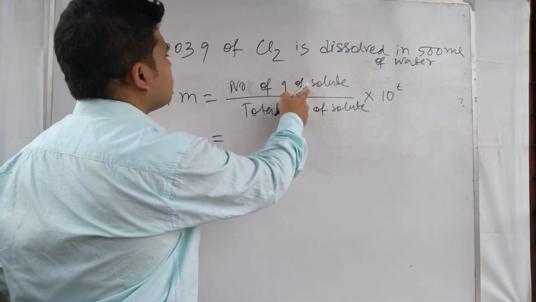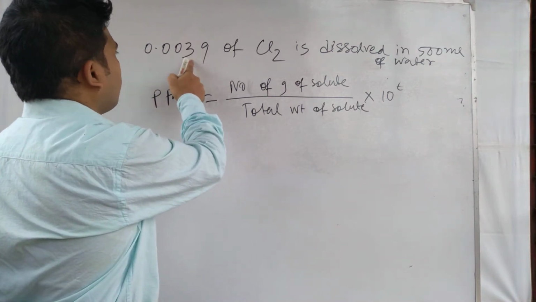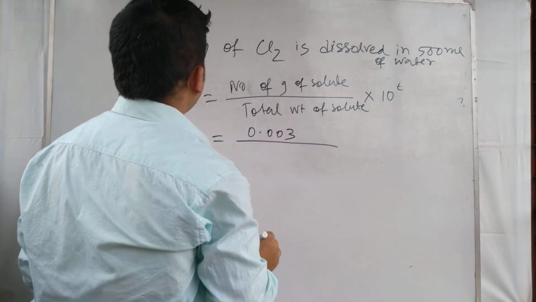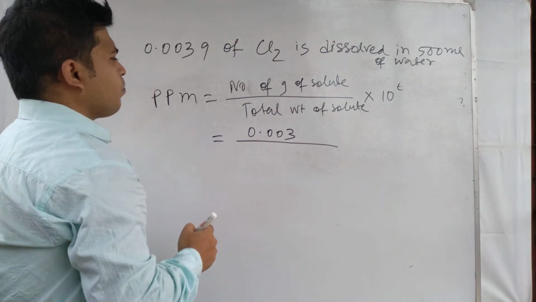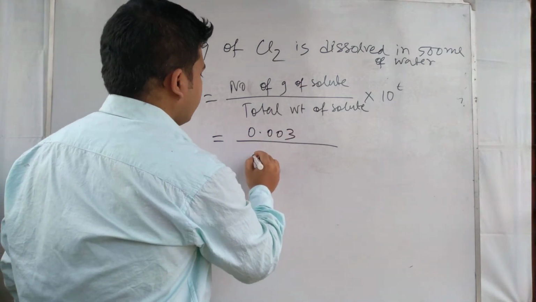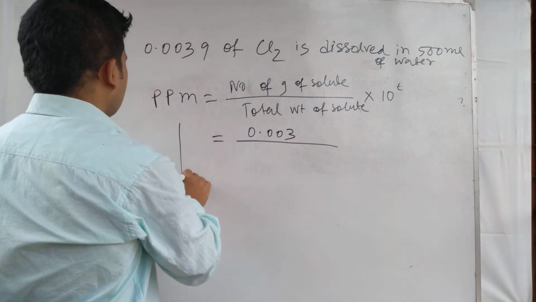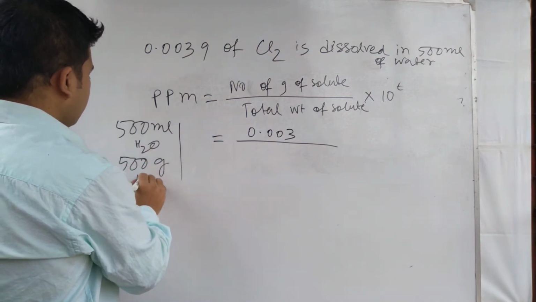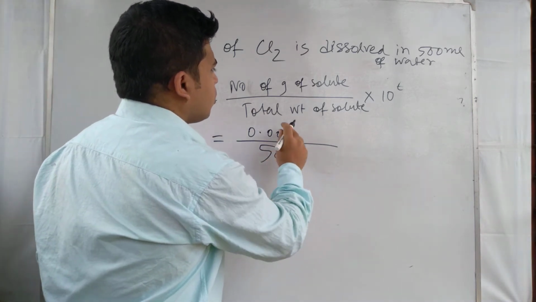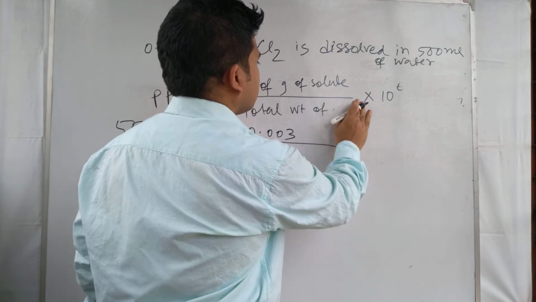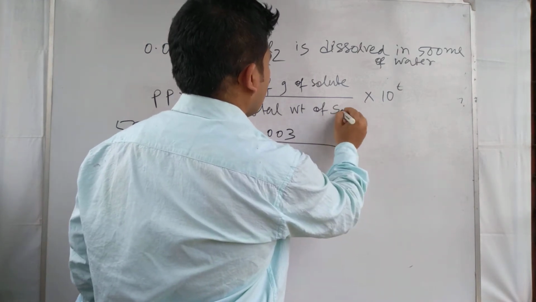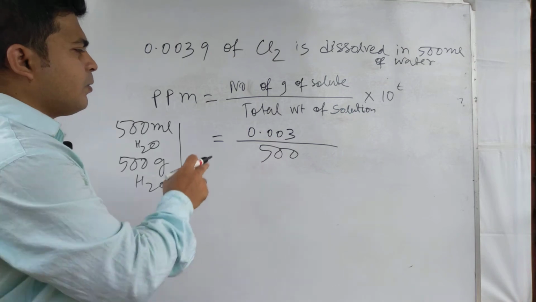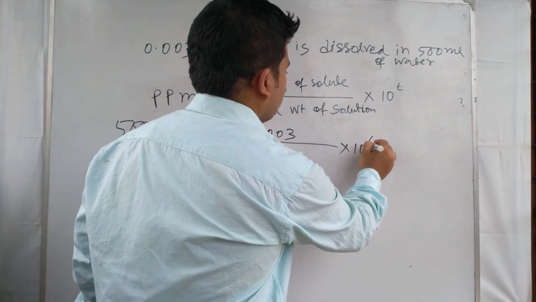We take the number of grams of solute present in the solution, 0.003, divided by the total weight of the solution, which is 500 ml, and for water, 500 ml H2O we can generally take as 500 gram, into 10 to the power 6.